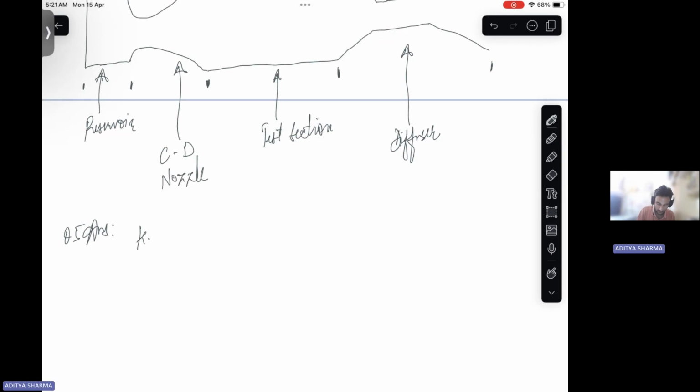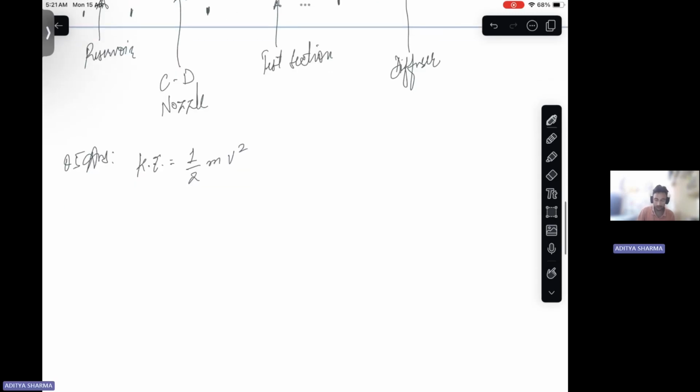So first we know that kinetic energy is written as half of mv square. And if we have to simulate a high enthalpy flow in a laboratory scale environment, and we are using some tube or slug for that matter, and the length of that slug is L, let's say.